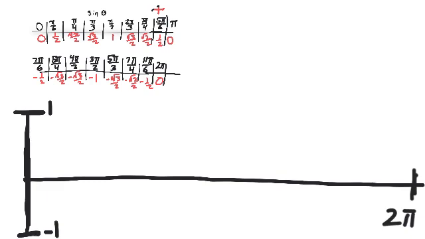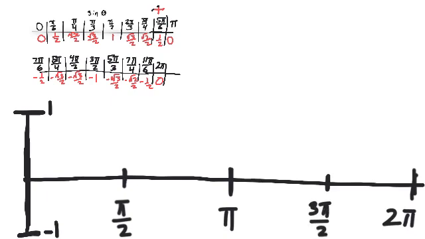Halfway between them would be a rotation of pi, or 180 degrees. Then halfway again, this would be pi over 2. And halfway here would give me 3 pi over 2. Everybody follow how I'm getting this? I'm halving.